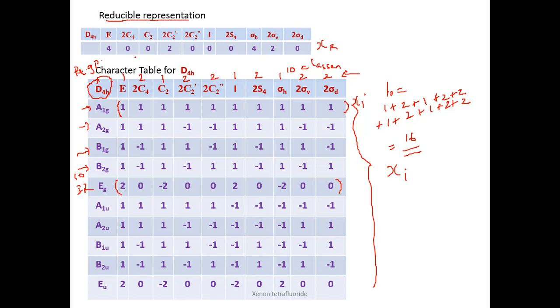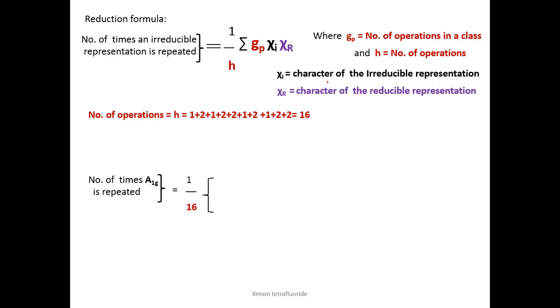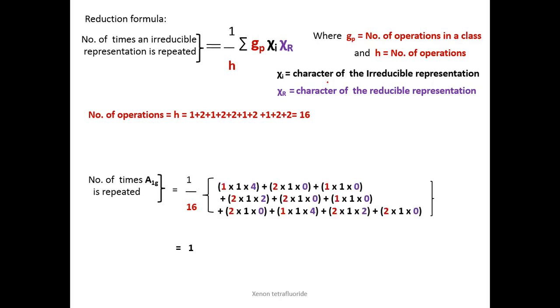Chi r will always be 4, 0, 0, 2, 0, 0, 2, 0, and GP will always be these numbers at the top: 1, 2, 1, 2, 2, 1, 2, 1, 2, 2. Now the number of times A1g is repeated comes out to be 1.